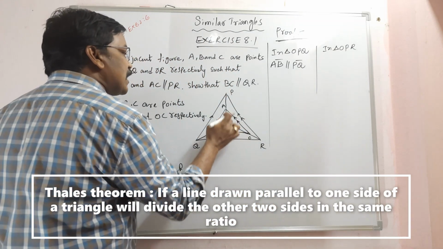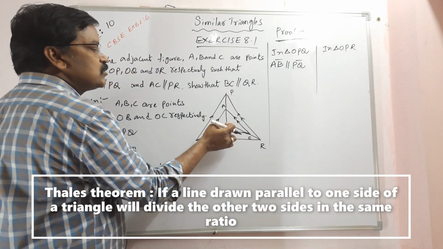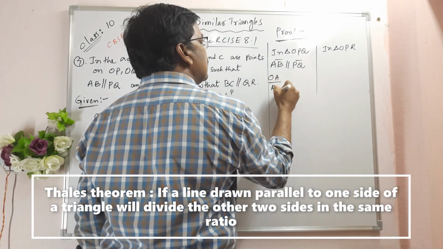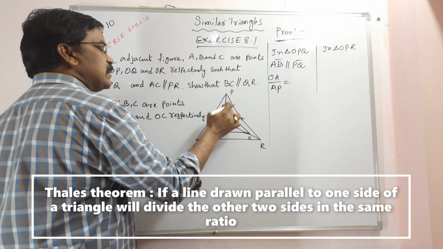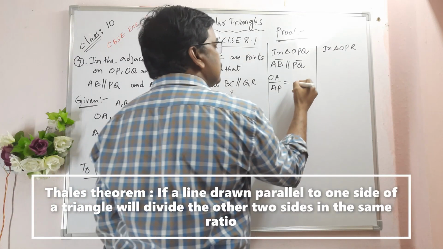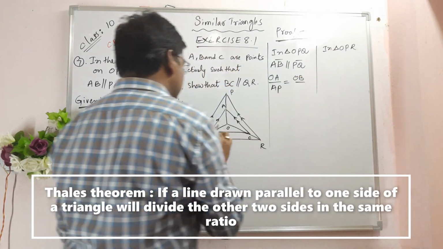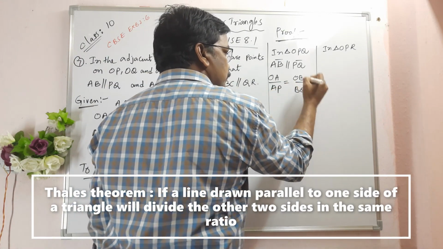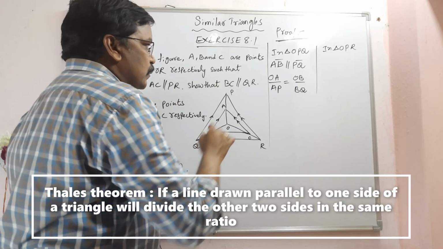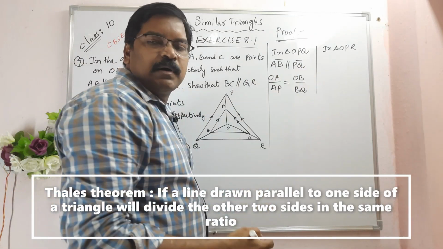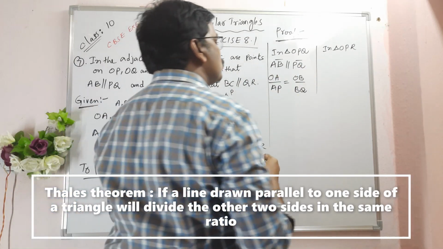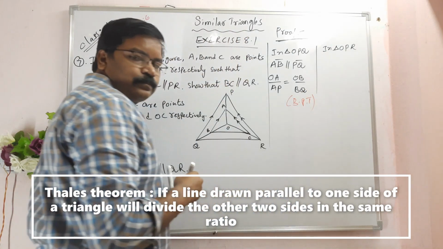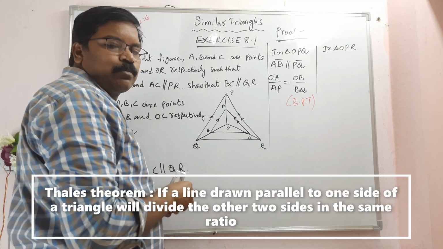That means in this triangle OPQ, OA by AP is equal to OB by BQ, according to the basic proportionality theorem. Here also we use the basic proportionality theorem.